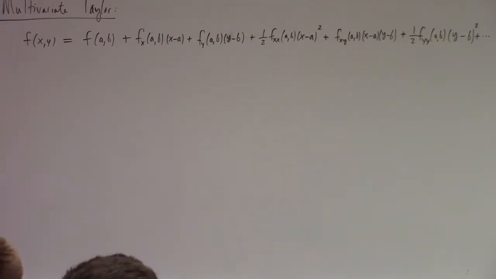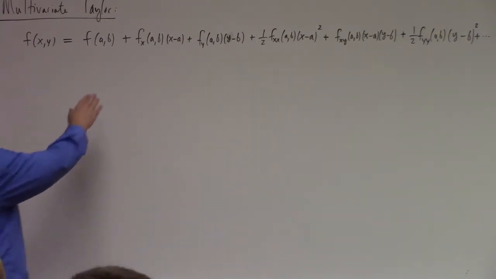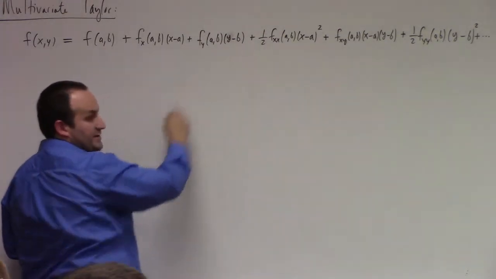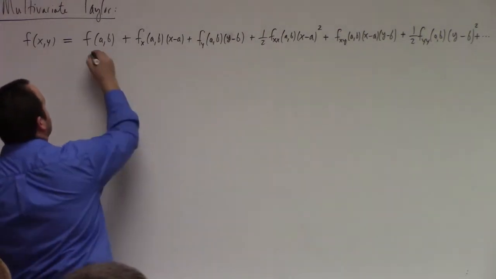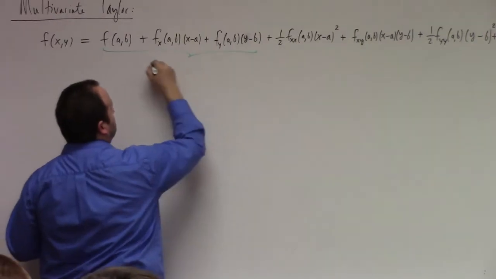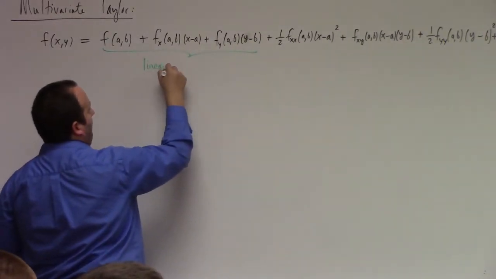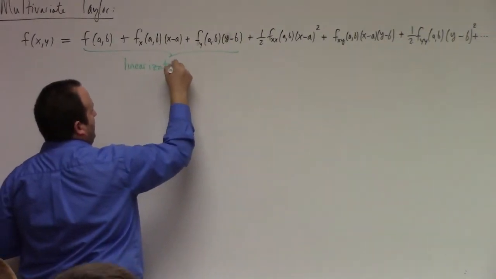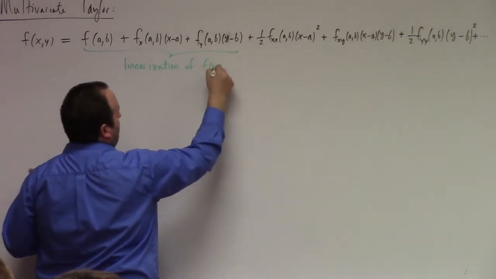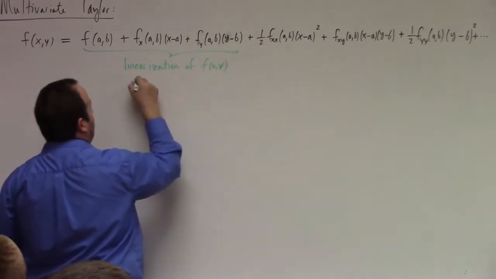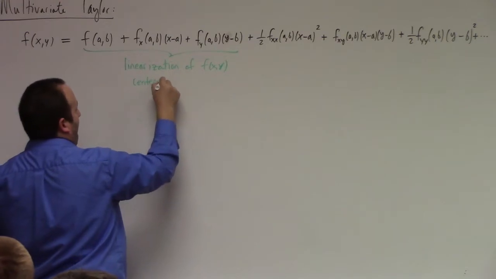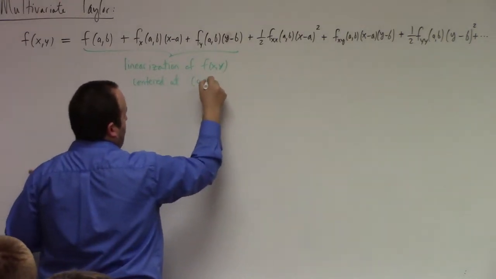Now, we've already talked about a lot of this. What are the first three terms? Yeah. This is the linearization, the graph of which is the tangent plane. This is the linearization of f of x y centered where? a, b.